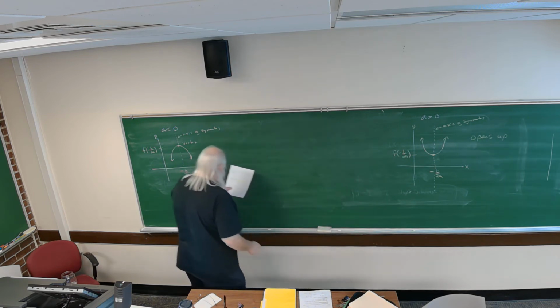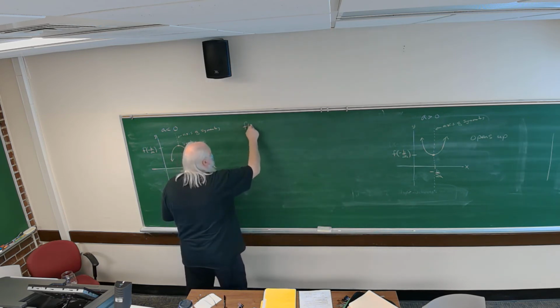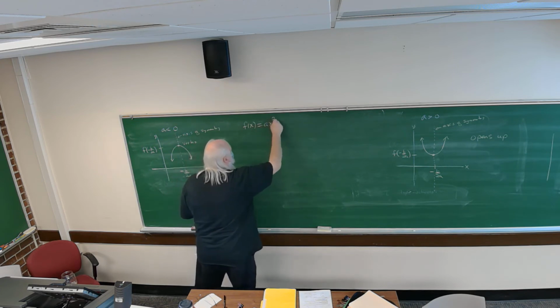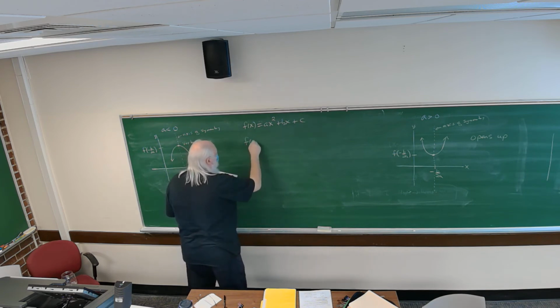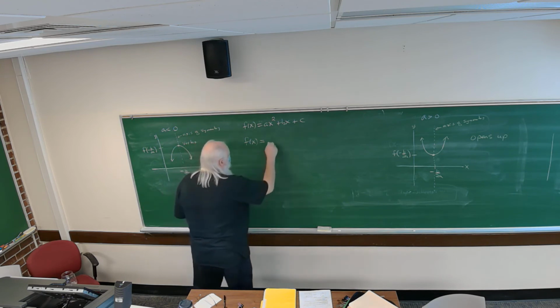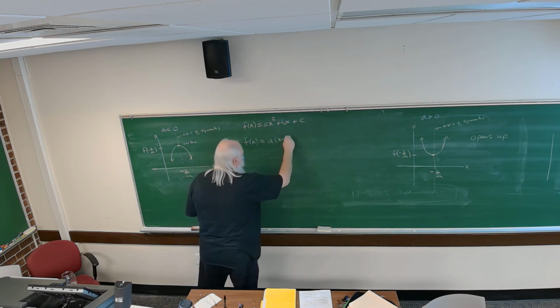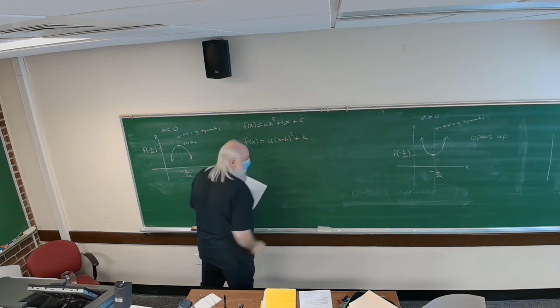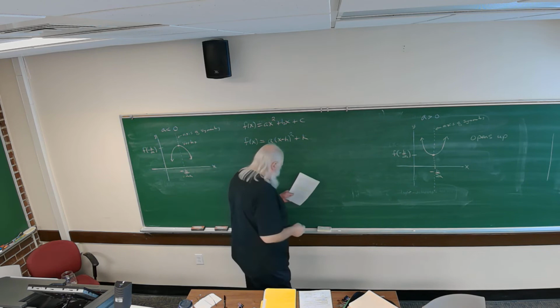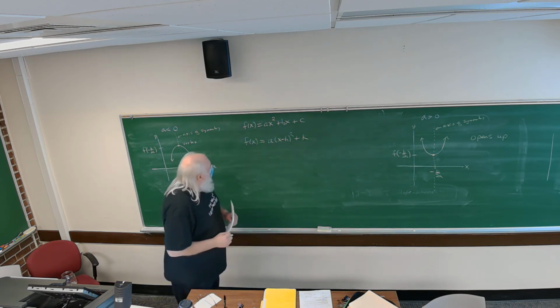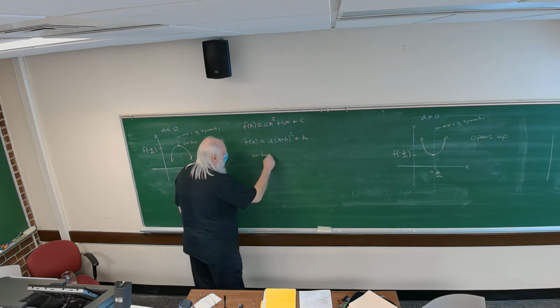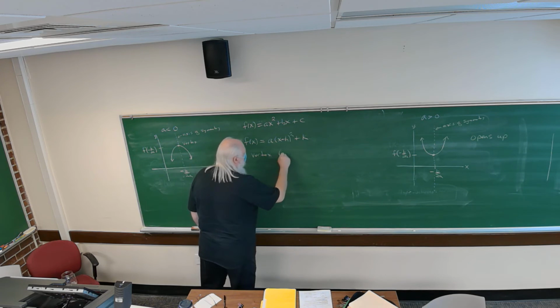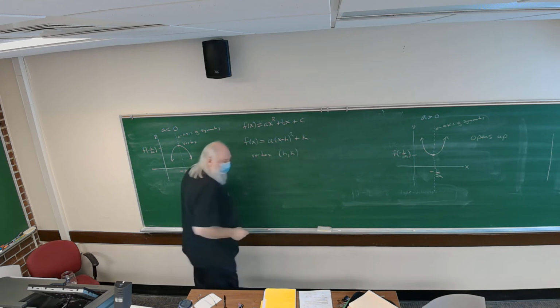So f of x equal to ax squared plus bx plus c, using the complete the square technique, on the right-hand side can be rewritten as a times x minus h squared plus k. That's standard form. And the vertex, when written in this form, is located at the point h, k.